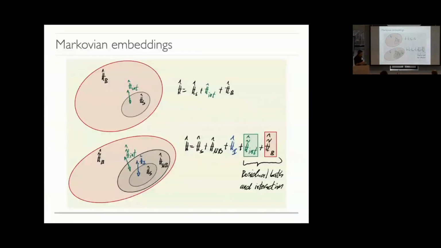All right, before I get to the meat and potatoes, I want to discuss what's the meaning of a Markovian embedding, okay? Consider our usual scenario. We have a system coupled to a bath via some interaction Hamiltonian at the top, okay?